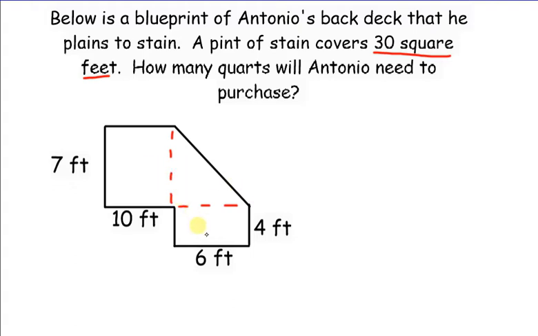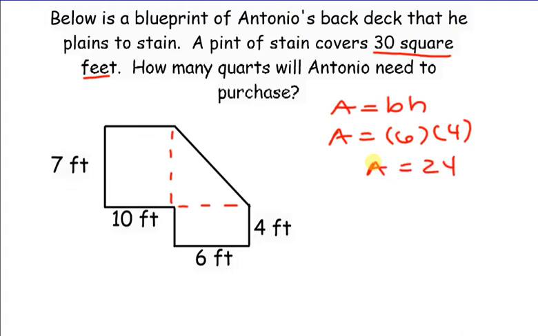Let me work with my rectangles first. Area equals base times height. I'm going to do this one right here first. It has a base of 6 and a height of 4. So area equals 24, and I'm even going to write a 24 in here.